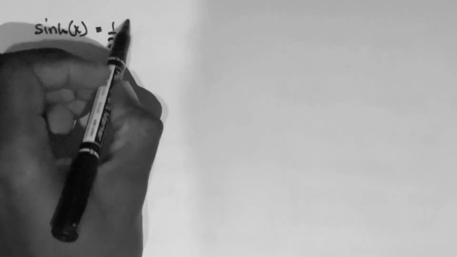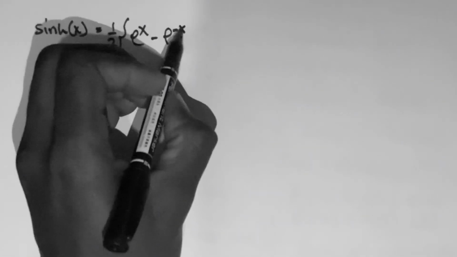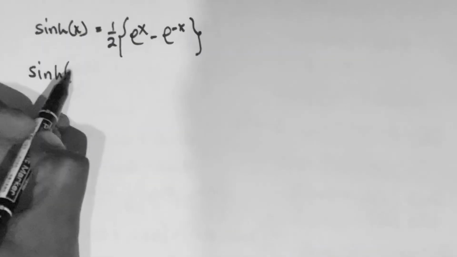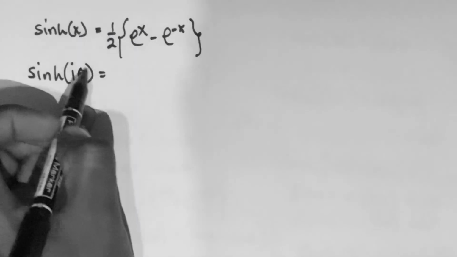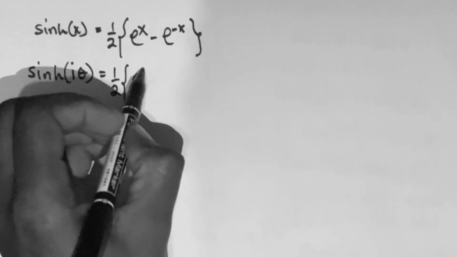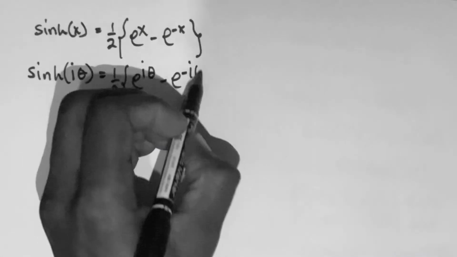Let's do the same thing with the hyperbolic sine function. We say that the hyperbolic sine function is giving us half into bracket exponent x minus exponent minus x. So let's solve sinh i theta. That is equal to half of into bracket exponent i theta minus exponent minus i theta.